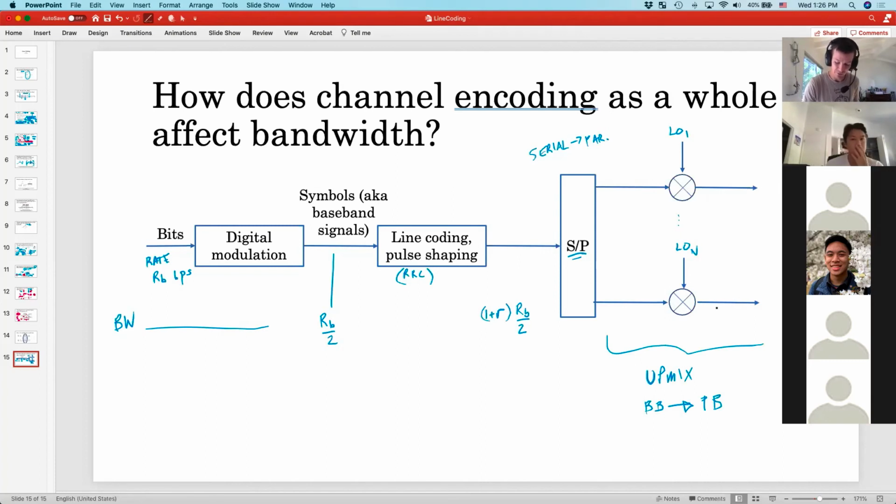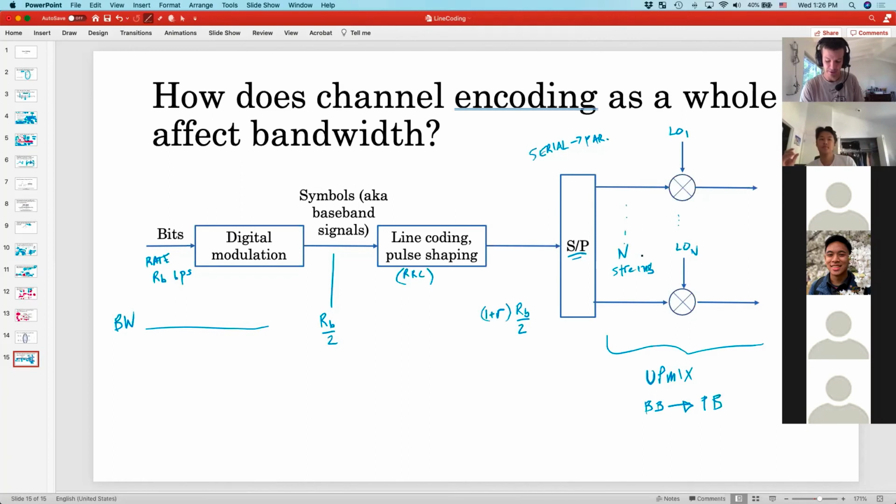And so if we have n of these, n streams, then we can treat it as if the bit rate itself were divided by n. Can you see that?